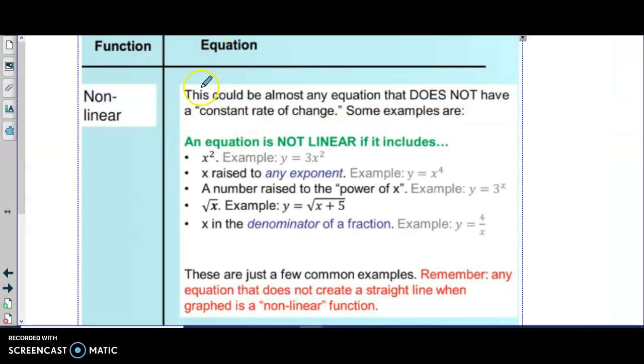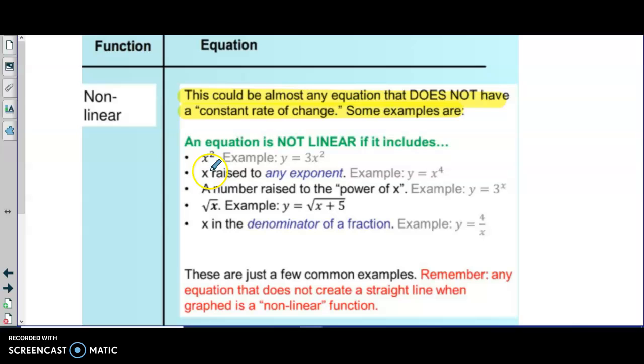All right, and then we'll talk about nonlinear. This could be almost any equation that does not have a constant rate of change. That's the big thing that we're looking for here. And here's some examples, and these are things that you might be able to pick out pretty easily in an equation.